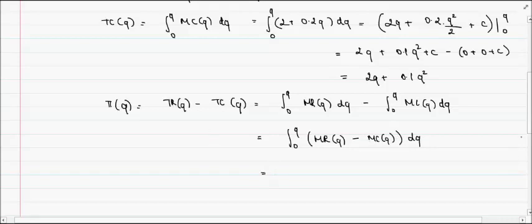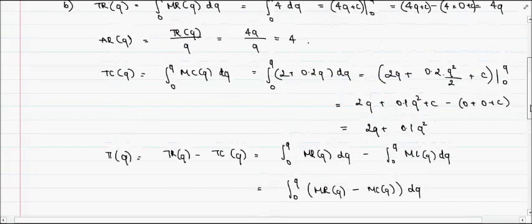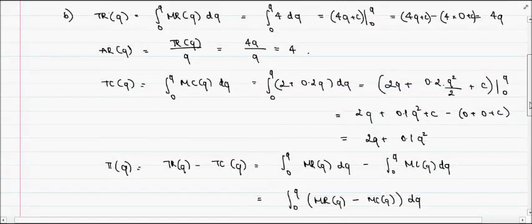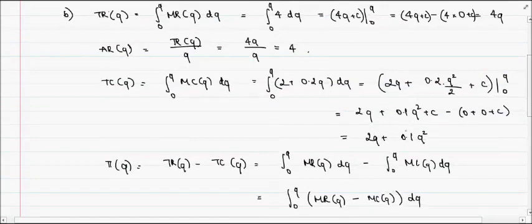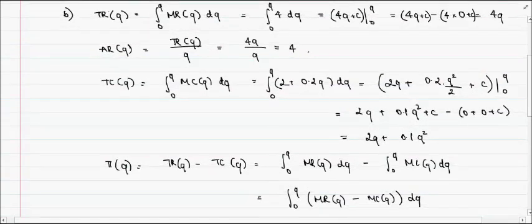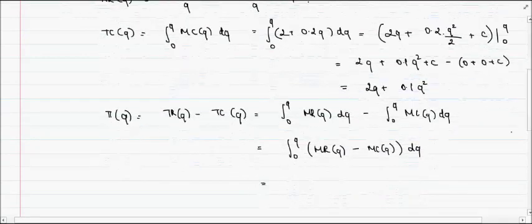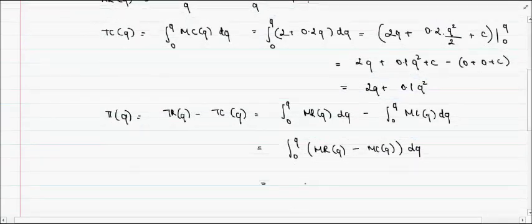In this case we already have total revenue and total cost from earlier, so it should be straightforward. Or if you want, you can use the marginal revenue, which is 4, minus the marginal cost, which is 2 plus 0.2q, and take the integral.